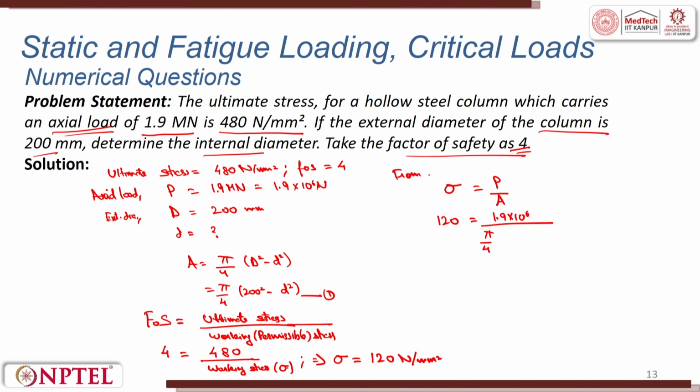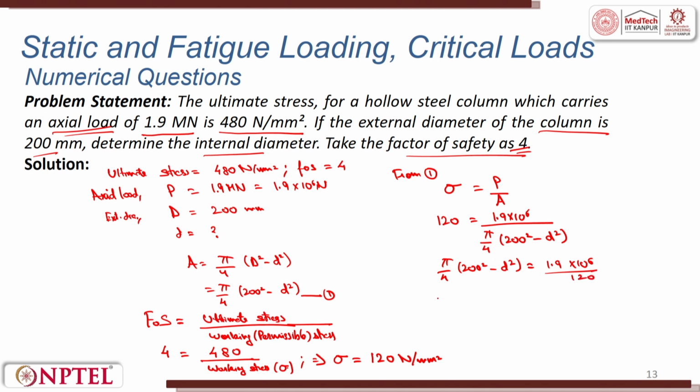From 1, this area value I put as pi by 4 into 200 square minus d square. Now, there is only one unknown here and we can definitely find this value. So, we will calculate it as pi by 4 into 200 square minus d square is equal to 1.9 into 10 raised to power 6 by 120.